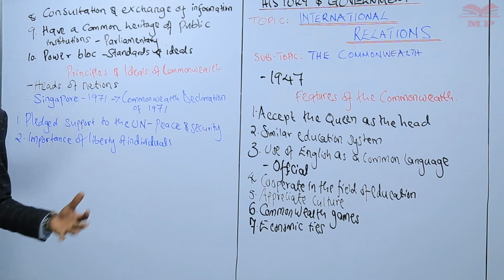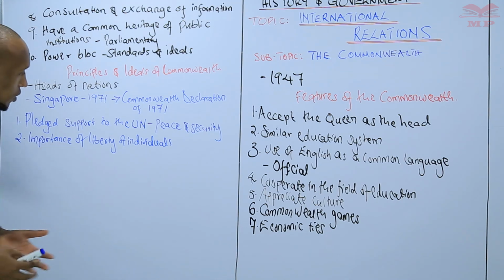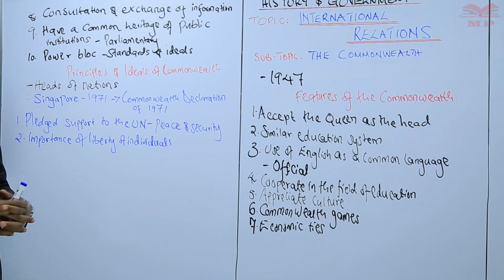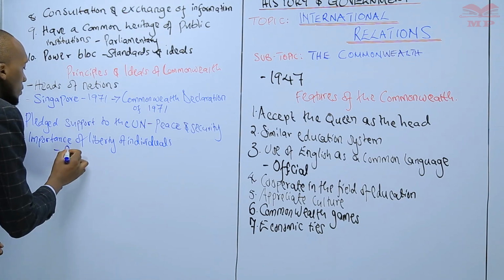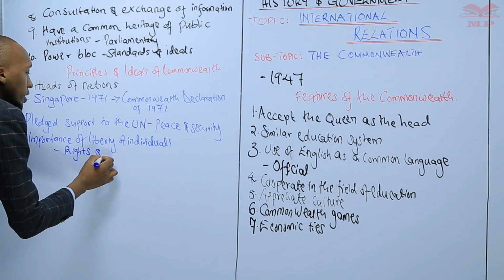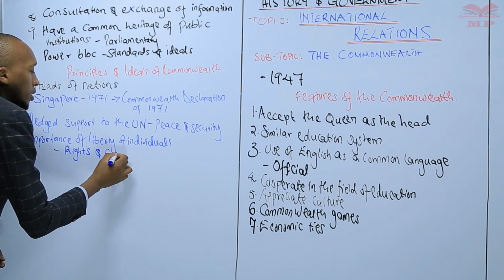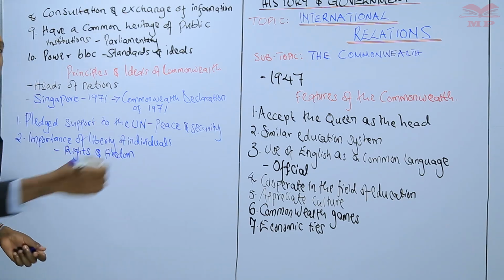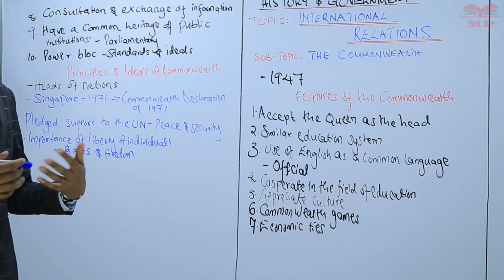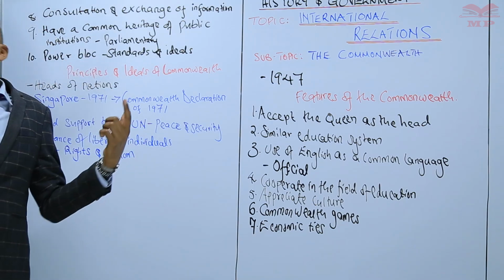So they acknowledge that every person, regardless of their race, regardless of their origin or where they come from, have certain rights. They have their own liberties, rights, and freedoms. And these are not limited by someone's race. It's not limited by someone's origin, which was the case before that.